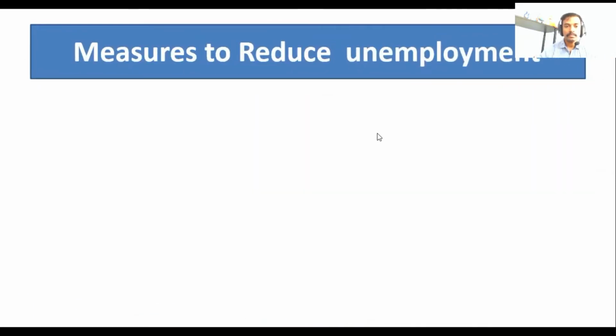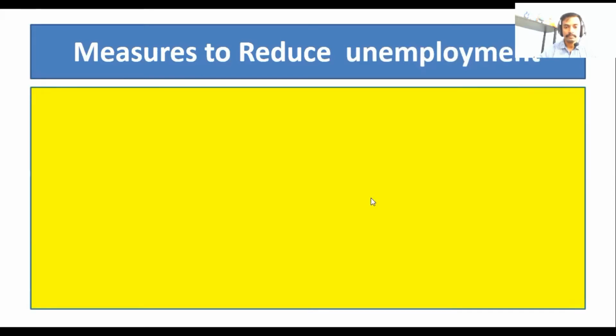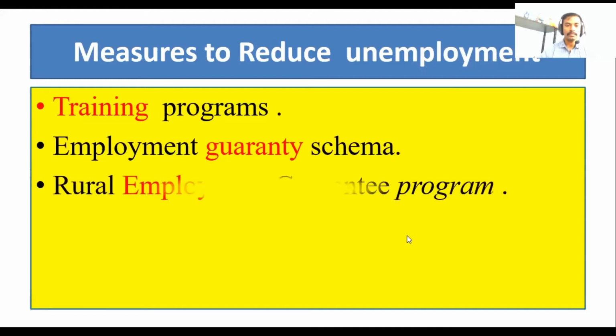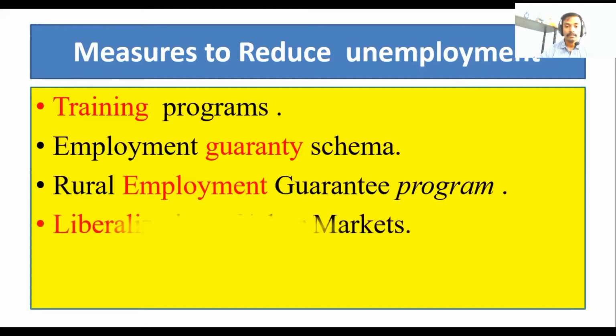Next, measures to reduce unemployment. First measure, training programs, job oriented training. Next, employment guarantee schemes. Then rural employment guarantee program.